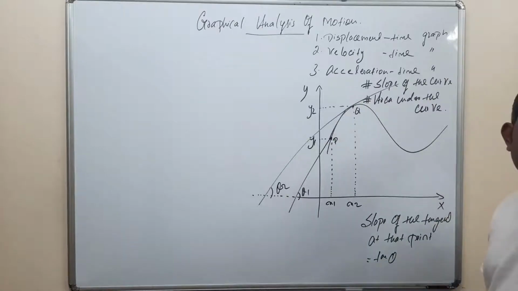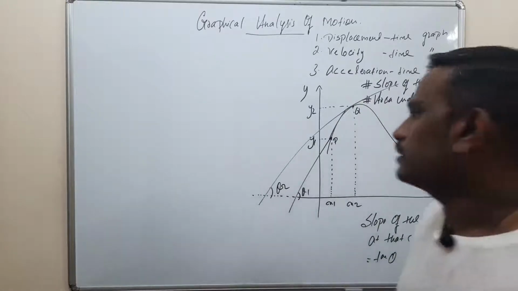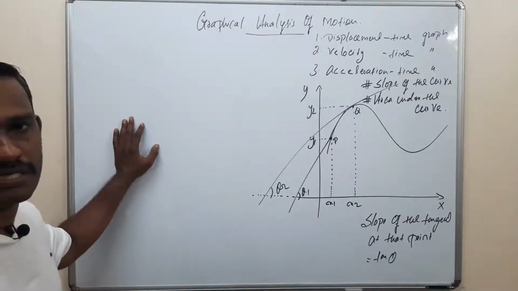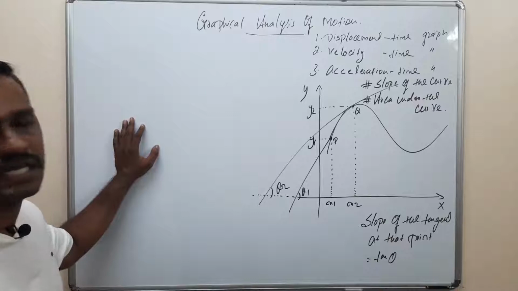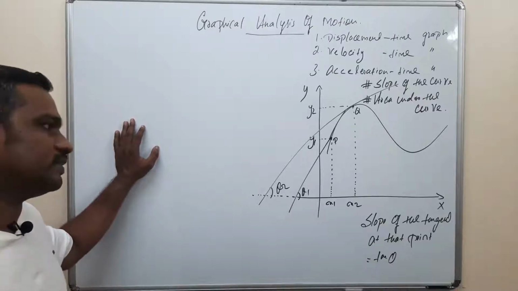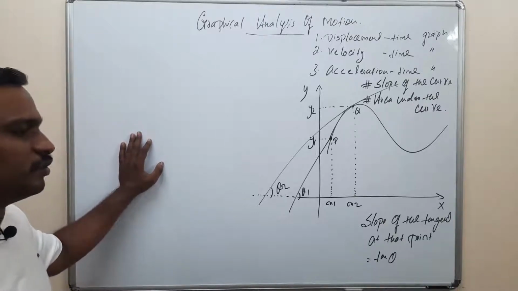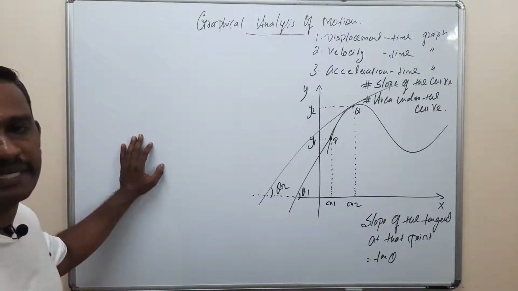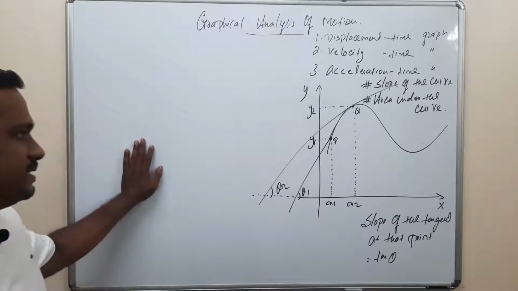That is the slope of the curve at a point: the slope of the tangent drawn through the point, tan theta, where theta is the angle made by the tangent with the horizontal x-axis.